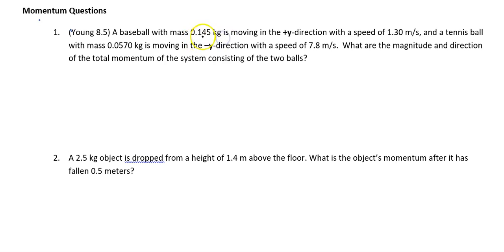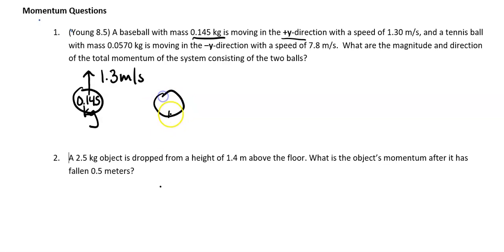We have a baseball with a mass of 0.145 kilograms moving in the positive y direction with a speed of 1.3 meters per second, and a tennis ball with a mass of 0.057 kilograms moving in the negative y direction with a speed of 7.8 meters per second. What are the magnitude and direction of the total momentum of the system consisting of the two balls?